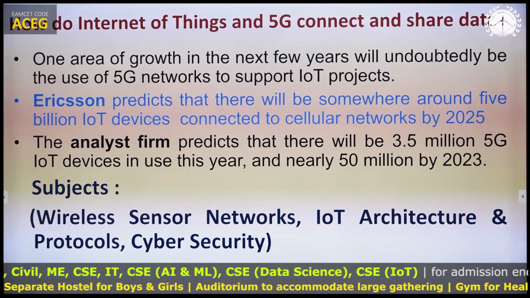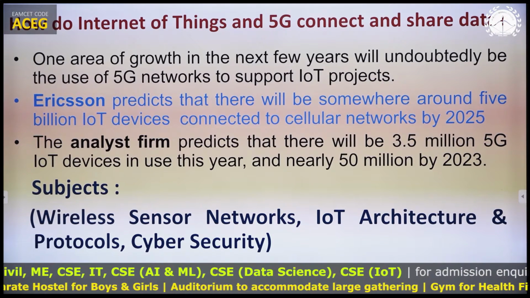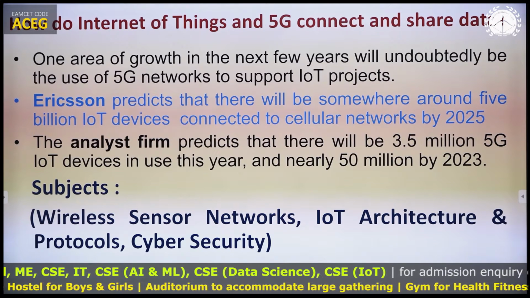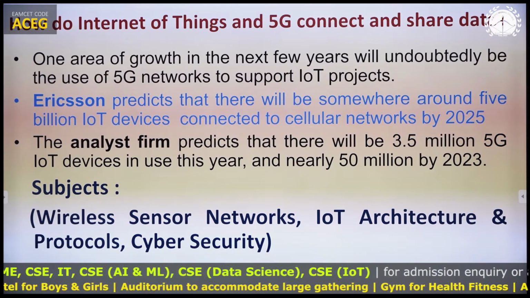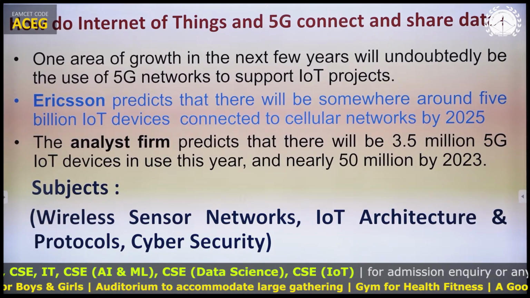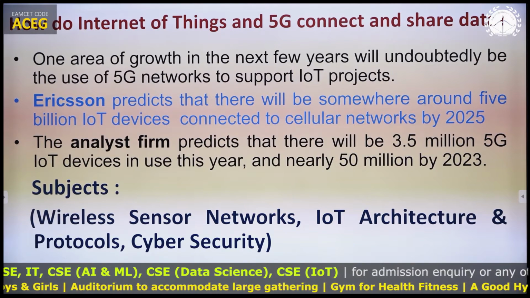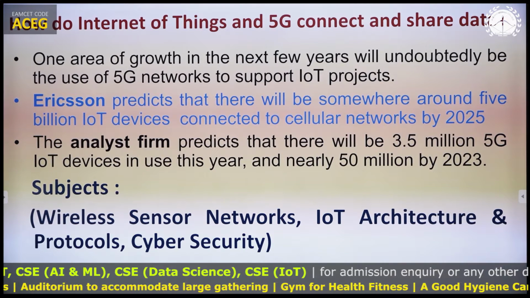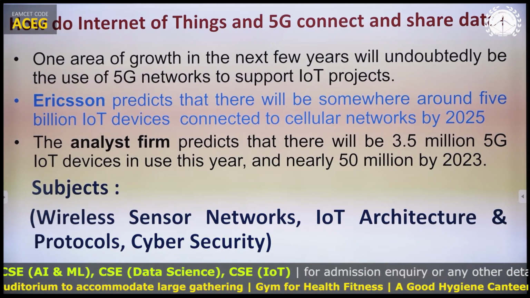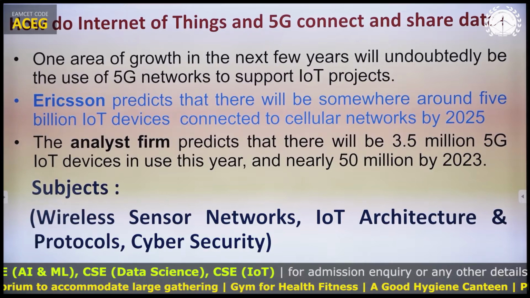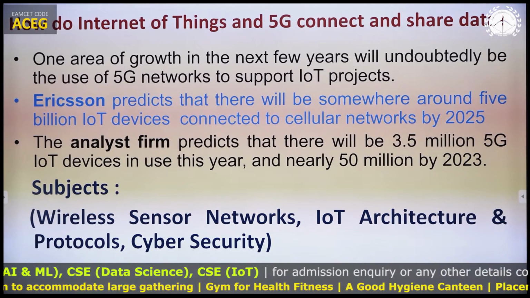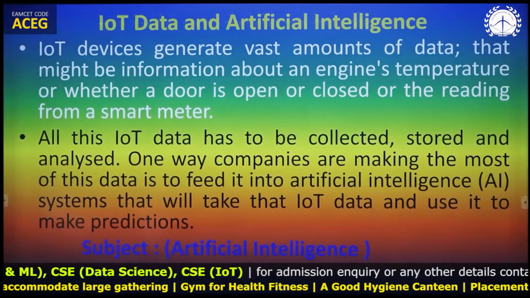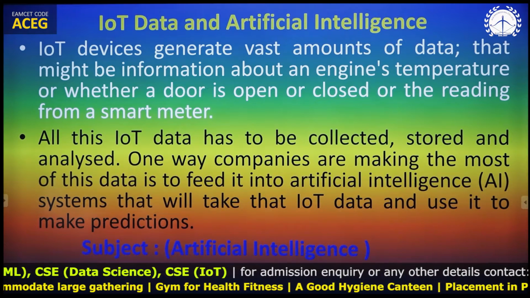The analyst firm predicts that there will be 3.5 million 5G IoT devices in use this year and nearly 50 million by 2023. So what a requirement here. In this connection, IoT students are studying the wireless sensor network subject, IoT architecture and protocol subject, and cyber security subject also.